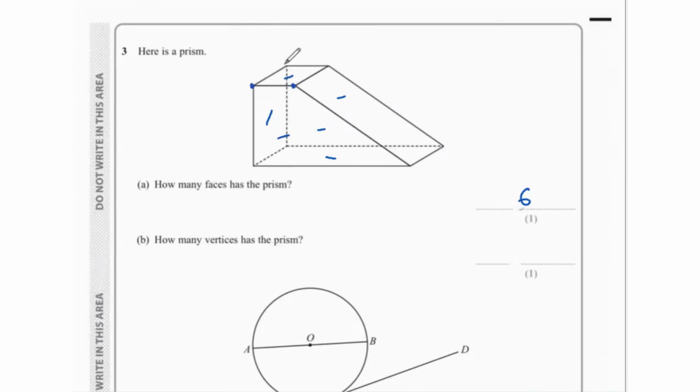So 1, 2, 3, 4, 5, 6, 7, and 8. In case they asked about edges, edges are the lines that connect to draw the shape. So for edges, I'm just going to write that over here as well for your understanding. 1, 2, 3, 4, 5, 6, 7, 8, 9, 10, 11, 12. We have 12 edges for this prism.